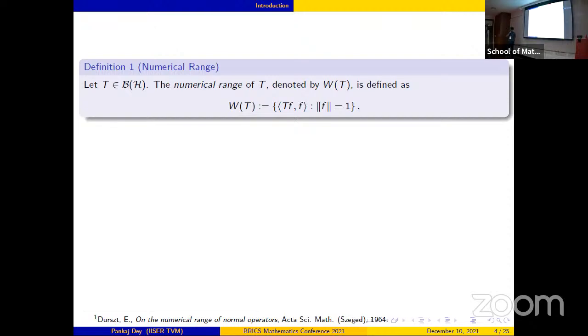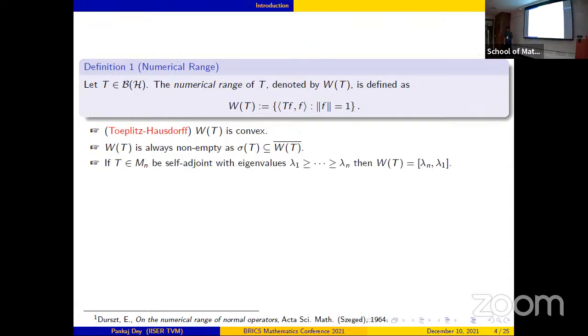It has been studied extensively since the early 20th century because of its connections in pure and applied mathematics. One of the earliest properties in the theory of numerical range is that W(T) is convex in the complex plane. Now W(T) is always non-empty because the closure of W(T) contains the spectrum, and the spectrum is always non-empty.